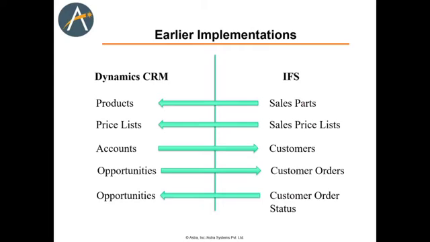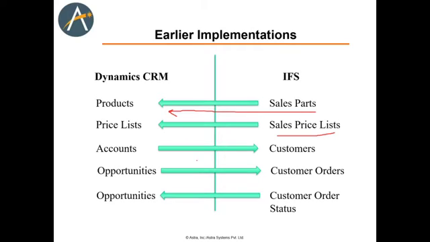So that's what is happening here. We are sending sales parts information into the products of Dynamics CRM. We are getting sales price lists and sending them into the price lists of CRM.